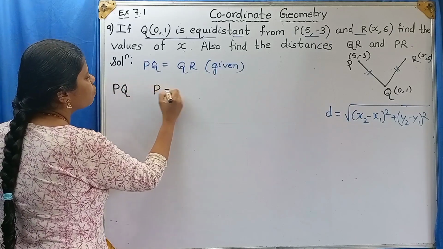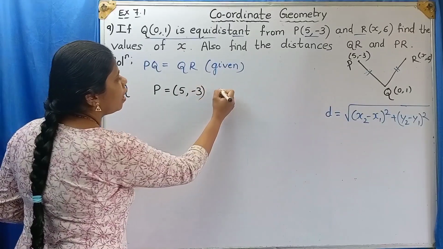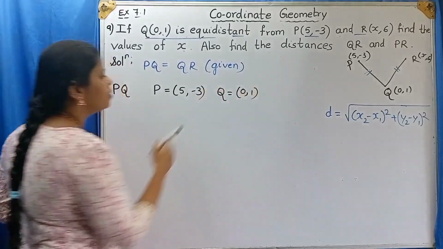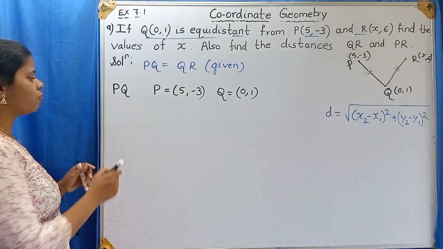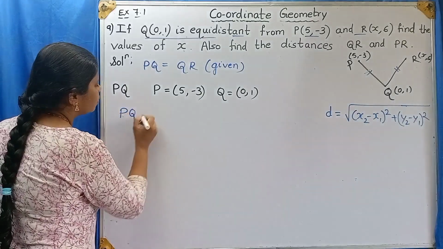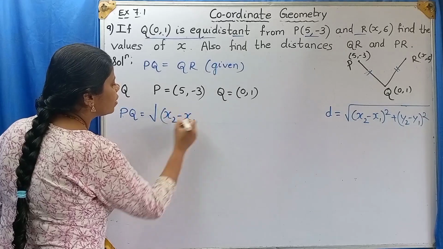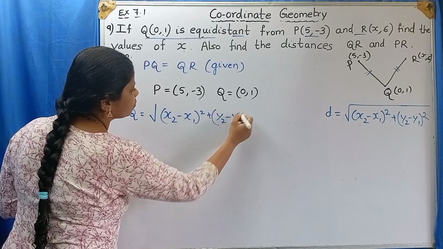We know the P coordinate, that is (5, -3). And we know the Q coordinate, that is (0, 1). Let us find the distance PQ by using the distance formula. PQ is equal to square root of (x2 minus x1) the whole square plus (y2 minus y1) the whole square.